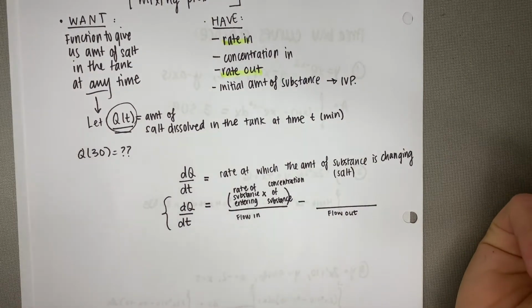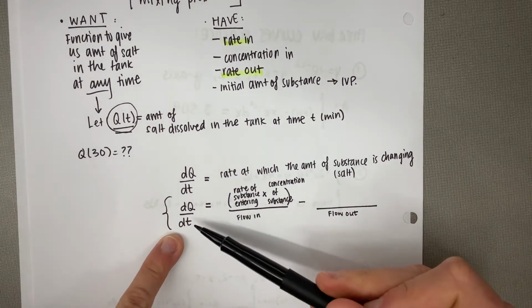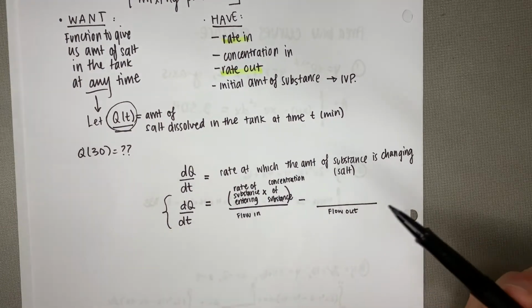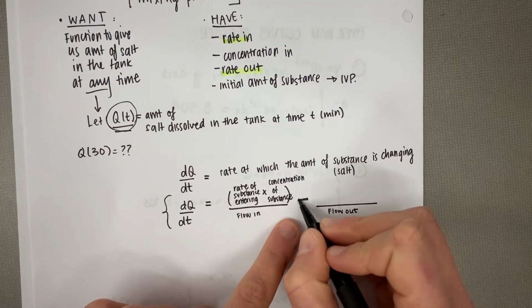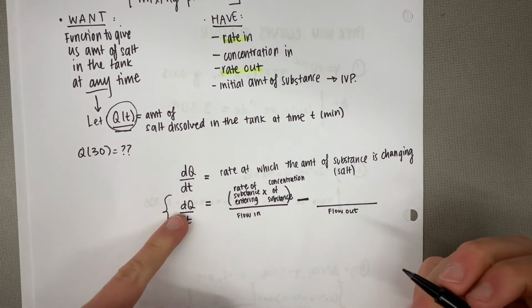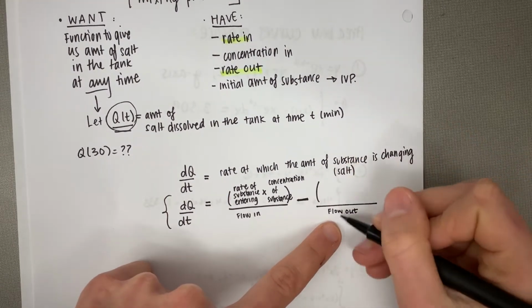Because if we're pouring salt in, then the rate at which the amount of salt in the tank is changing depends upon the rate at which we're pouring salt in. But if water is leaving the tank, or if salt is leaving the tank, the amount of salt in the tank is also going to depend upon that flow out.